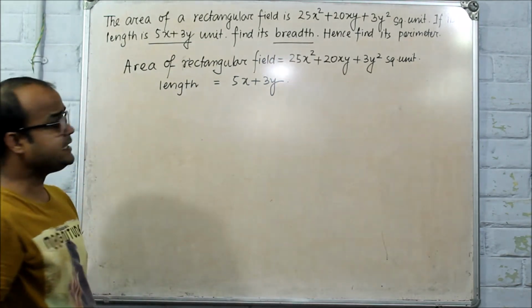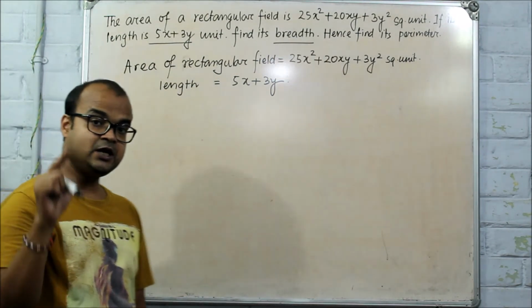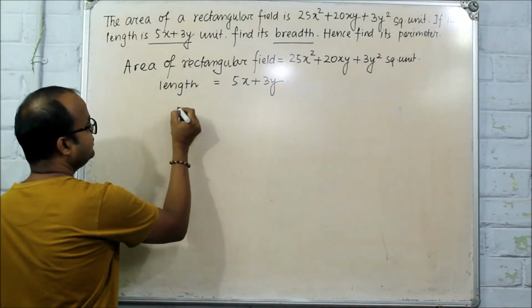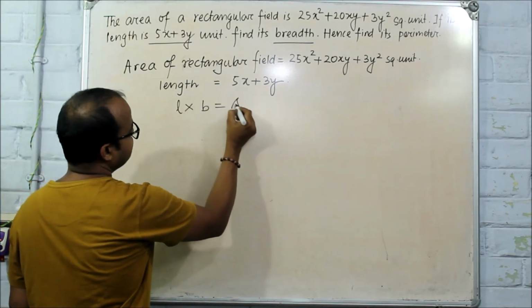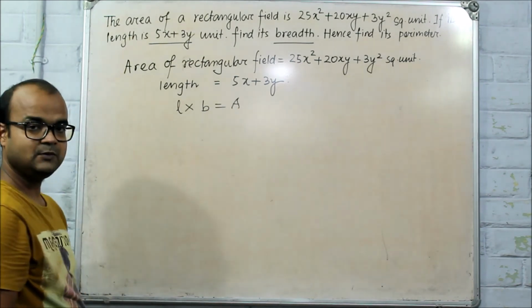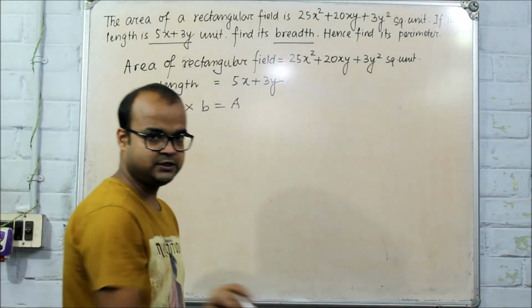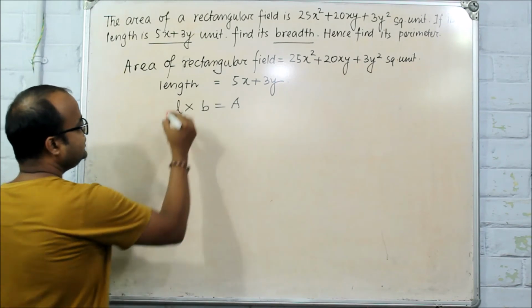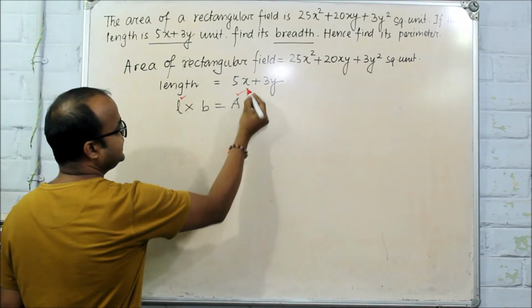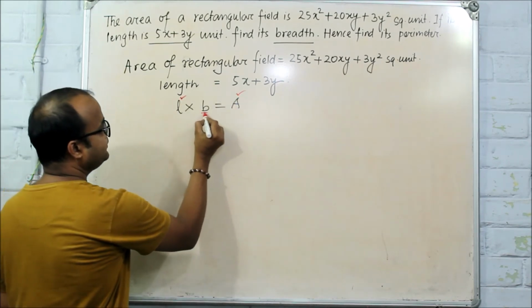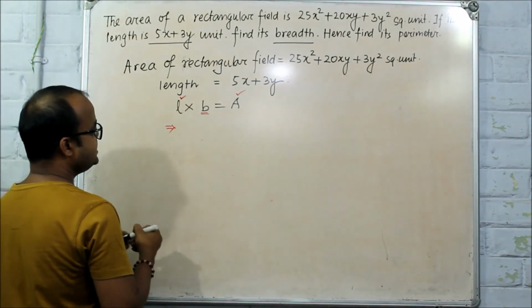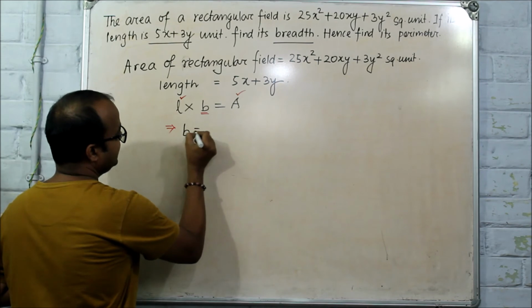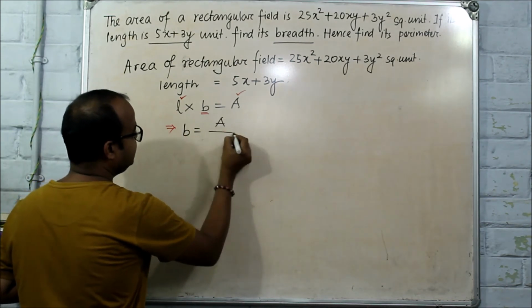Now what is the area of a rectangle? Area of rectangle is equal to length into breadth. Now see, length is given, area is given, so we need to find out the breadth. So breadth is equal to area by length.